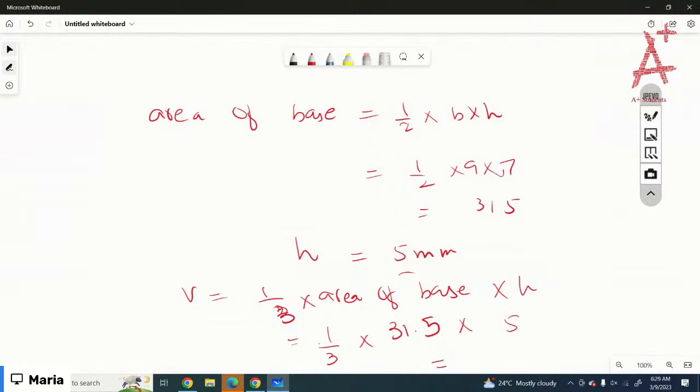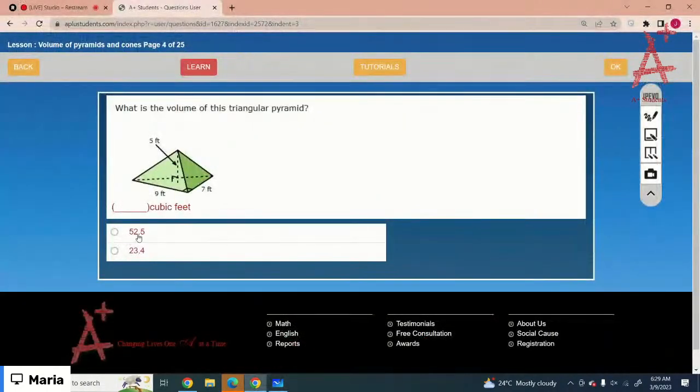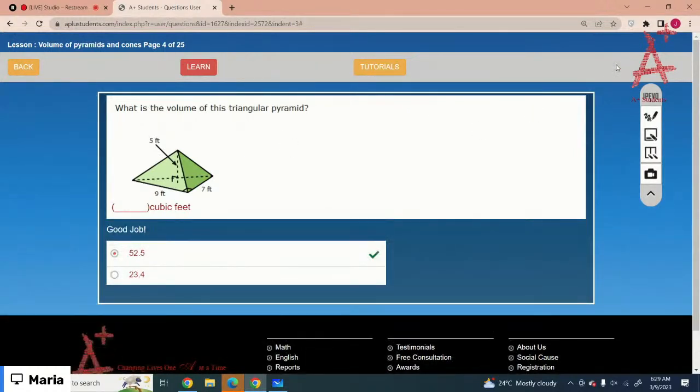Let me just calculate all the values. 5 times 31.5 is 157.5, divided by 3 is 52.5. So the correct option is 52.5. Just select the correct option and click on the OK button.